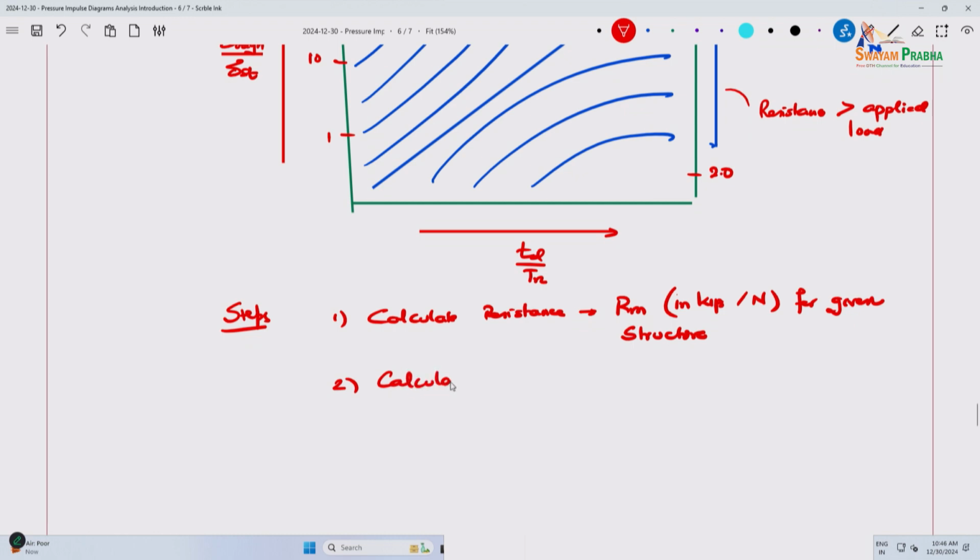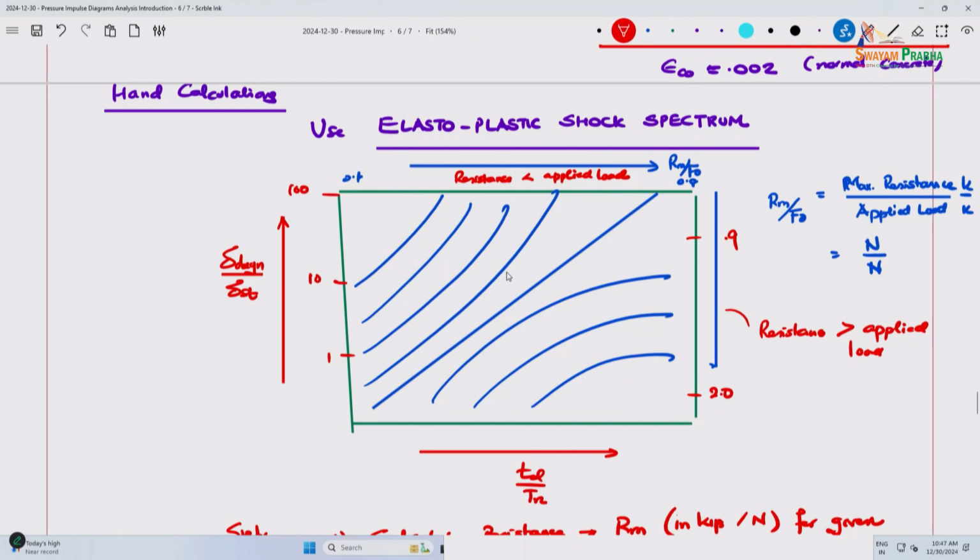Then calculate the applied load P naught, again from the pressure values. This is again in kips. So the pressure and areas is what you can use, and then calculate Td, Tn, and given Td, you find Td by Tn. Then, for example, you're given a Td by Tn, say Rm by F naught is something like this.